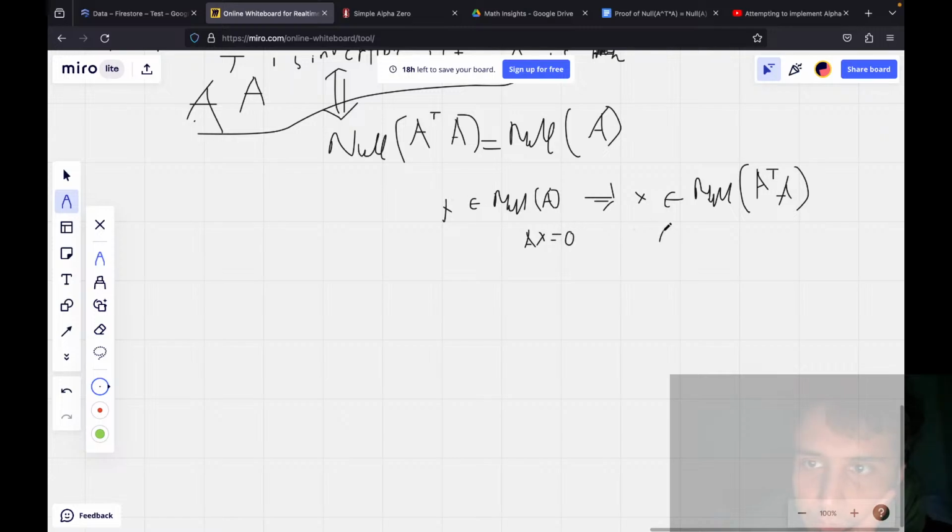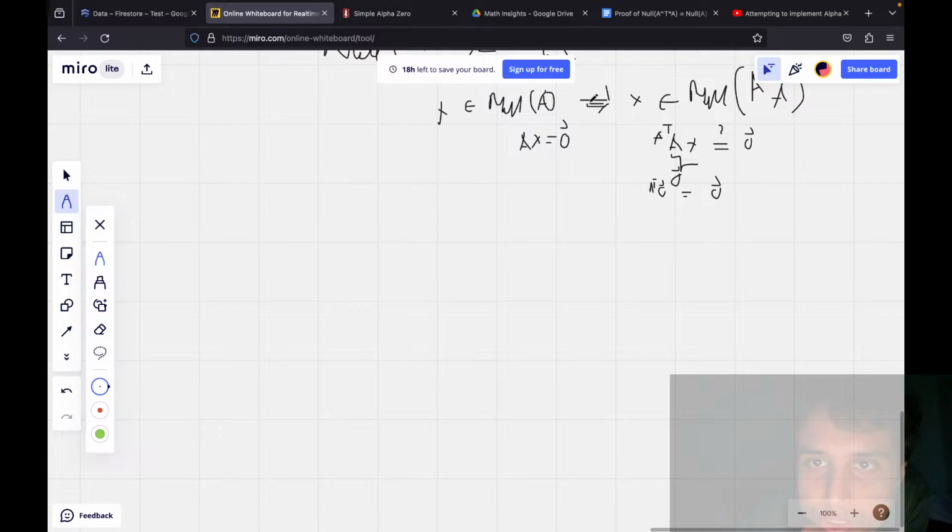So then we have A^T A x, is it equal to the zero vector? Well, we know that Ax equals 0, and so A^T applied to 0 is indeed equal to 0. So we're done. That's the very simple thing.